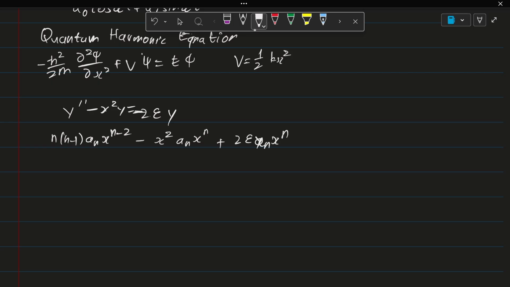If you're interested in the power of n, then for x to the power of n, the coefficients will become (n plus 2)(n plus 1) a_(n+2) coming from this side, minus from this side it's just x to the power of 2 plus n, so we could just remove this. So this is just a_(n-2), plus the term from this final side, which will have 2 epsilon a_n.